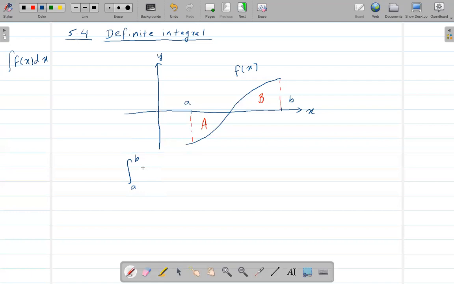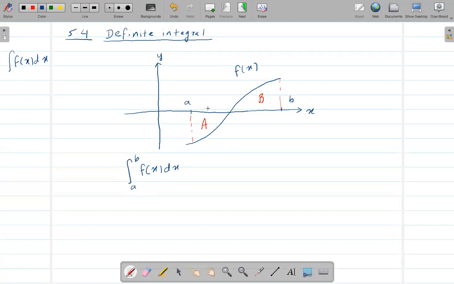So when I say something like this, I'm taking the area of these regions between these intervals. From this point to this point, you need to consider this area, and from this point to this point, consider this area. When you take the integration, as I said, it's going to be area, right?